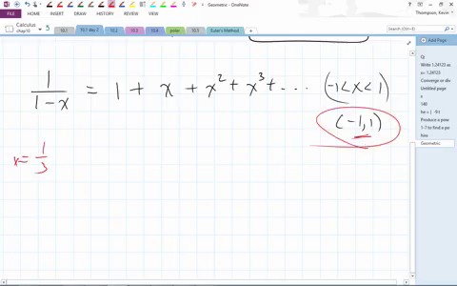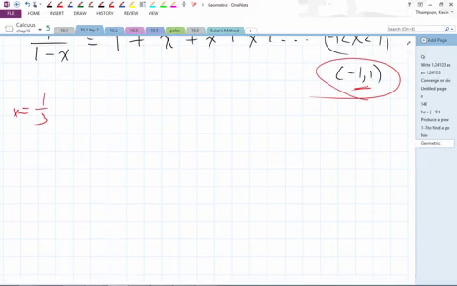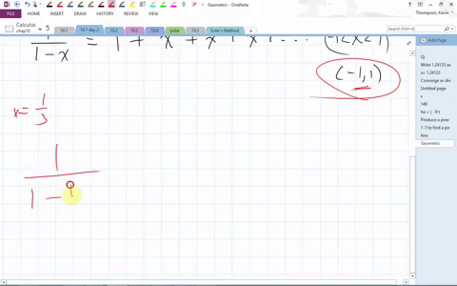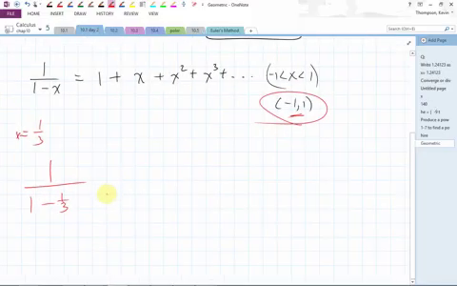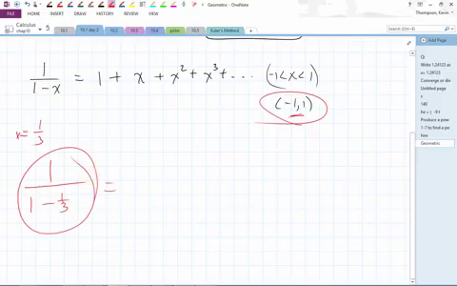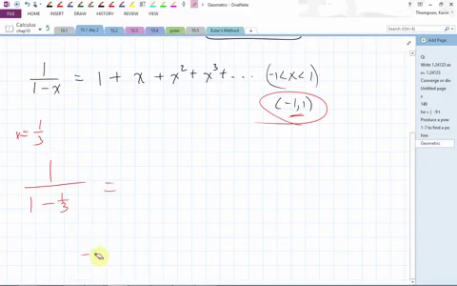I'm in this interval where it's going to converge, so that means 1 over 1 minus a third has to be the same thing as, by the way, what number is that? Try again. 3 halves.